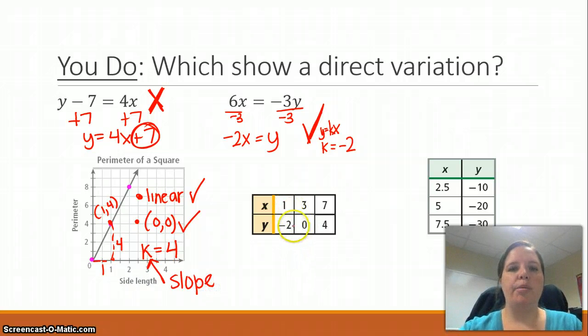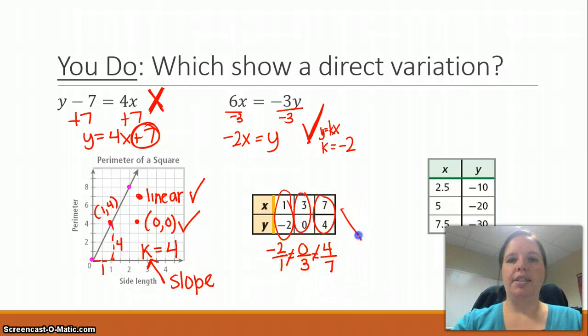Okay, from the table, how do we tell if these are direct variations? We need to look at the points, and if it's a direct variation, all the y's over the x's should be equal. So does negative 2 over 1 equal 0 over 3 equal 4 over 7? No, actually none of those are even equal. So this is not a direct variation.